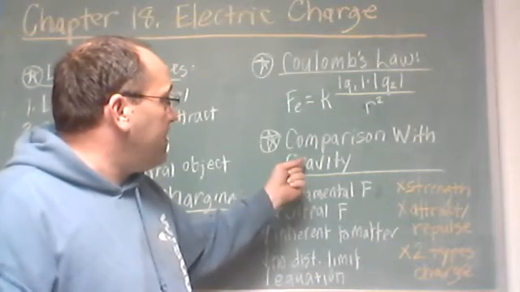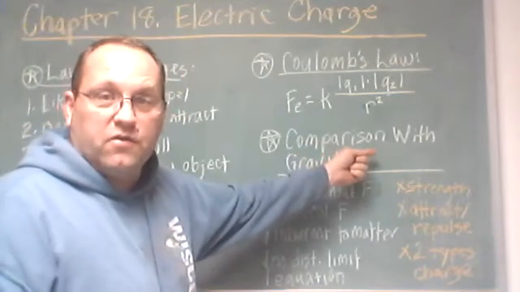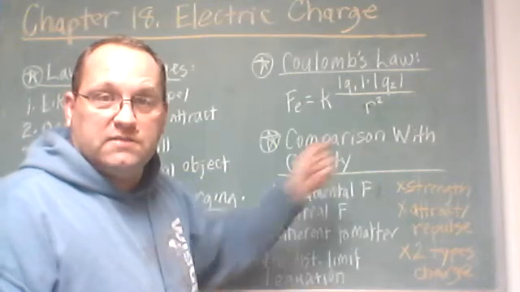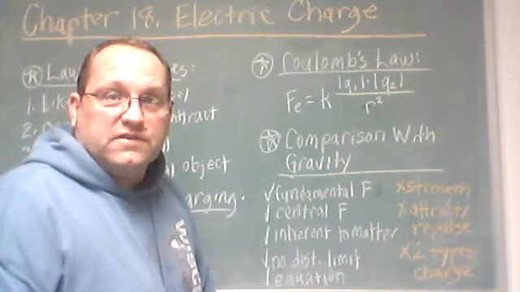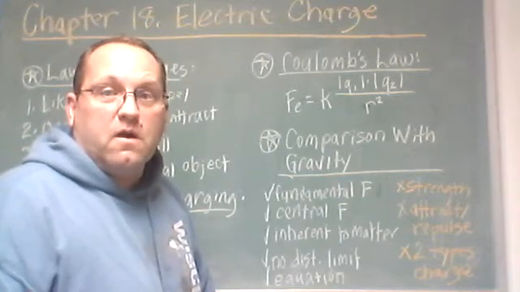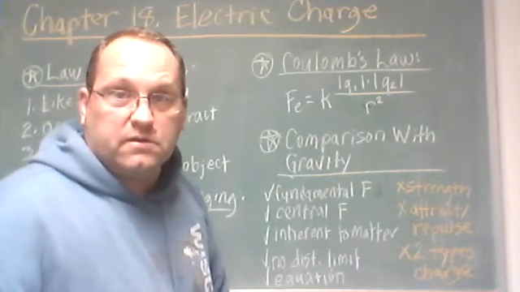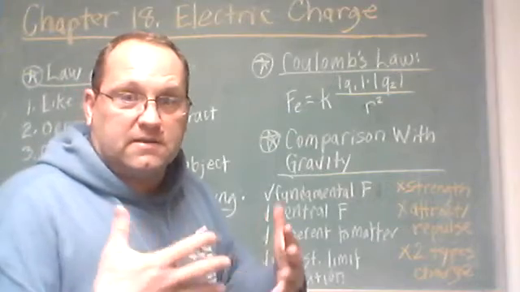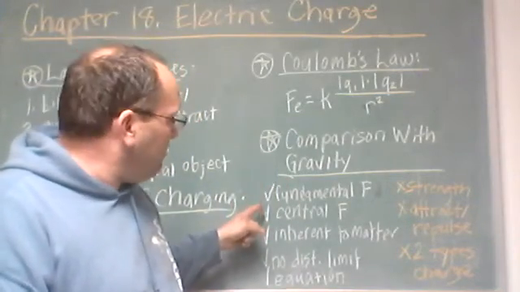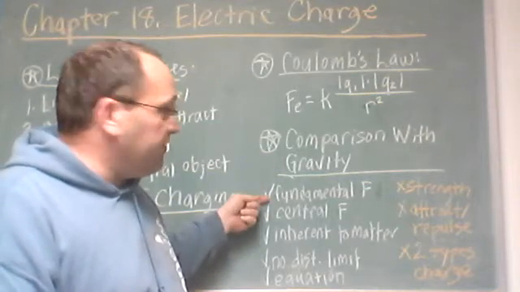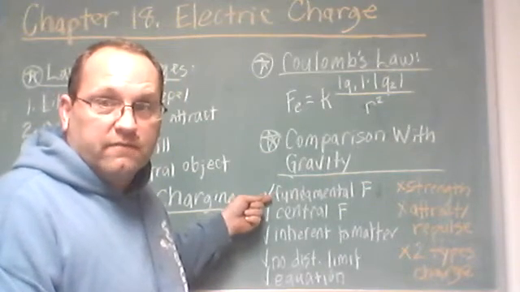Okay, so a quick comparison. Know the difference and the similarities between gravity and electrostatic force, or electromagnetic force. We said electricity and magnetism are joined at the hip. Similarities I have written here in white. Both of them are a fundamental force of the universe.